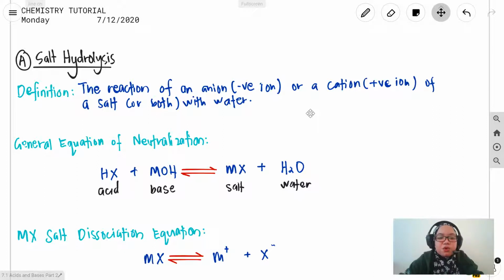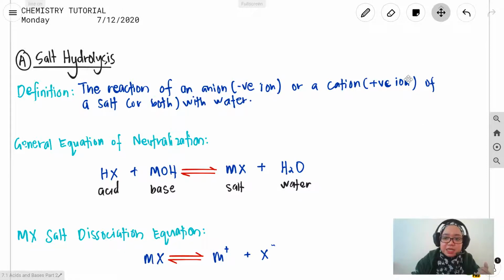This salt will further dissociate to form an anion and cation, and this anion and cation from the salt will hydrolyze with water to show its properties, whether it's acidic, basic, or neutral.